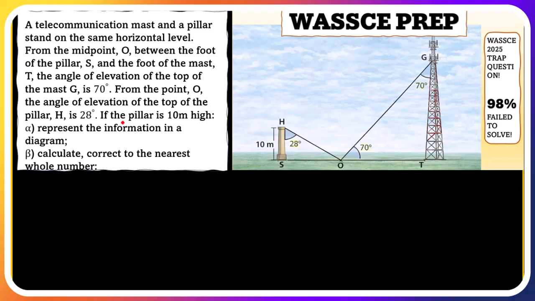From the given question, a telecommunication mast and a pillar stand on the same horizontal level. From the midpoint O between the foot of the pillar S and the foot of the mast T, the angle of elevation of the top of the mast G is 70 degrees.